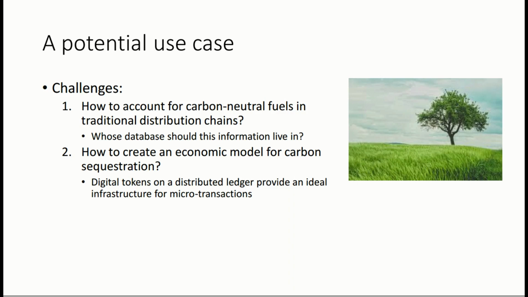When this fuel becomes available, if you go to the gas station and you fuel up your car and you're purchasing this fuel, what is actually going into your tank is likely a blend of traditional fuel and carbon neutral fuel. So when you make your credit card payment at the pump, how is that payment distributed? How is it allocated?